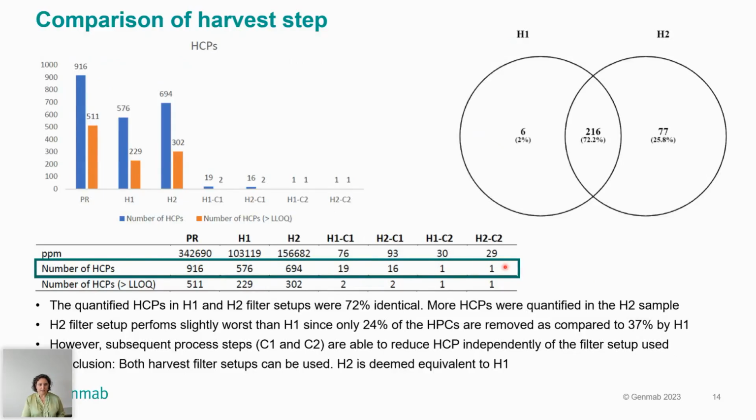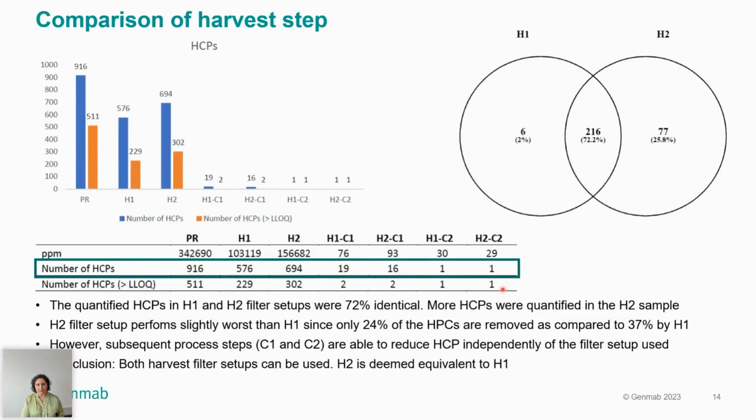So what we conclude was that the two-stage filter worked, but it was a little bit worse. It could only reduce 24% as compared to 37% for the three-stage filter. But the subsequent process steps were very robust and very good at removing the remaining HCPs, so it didn't matter that we had more at the beginning.